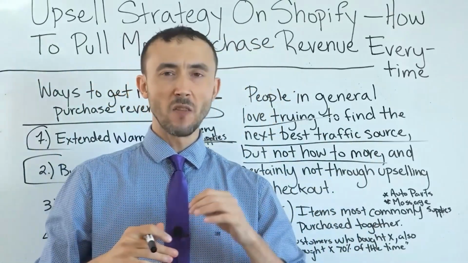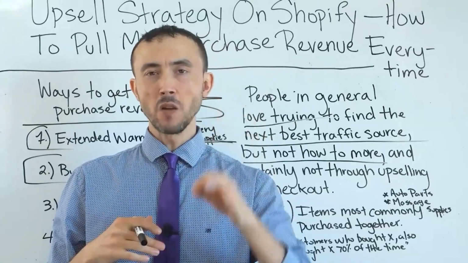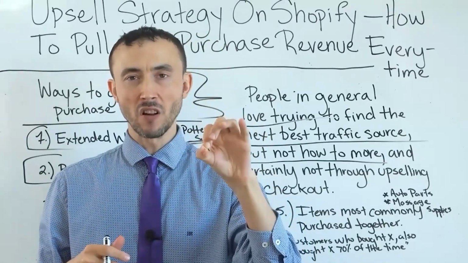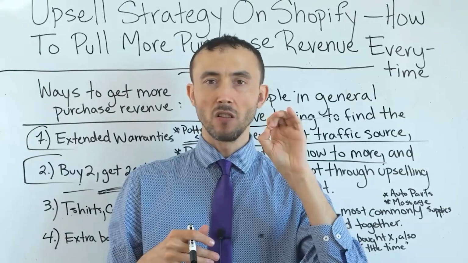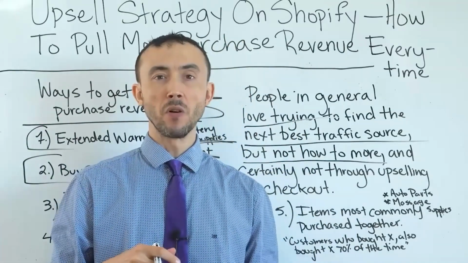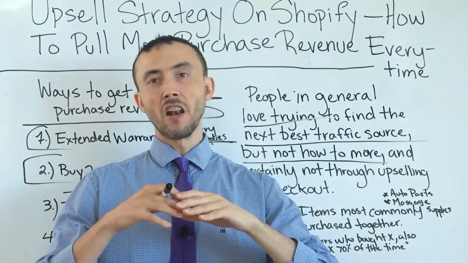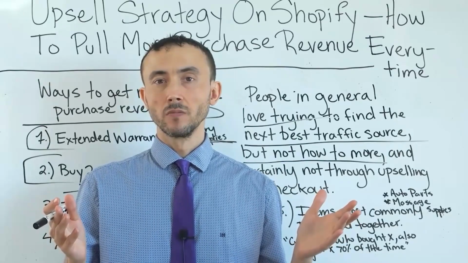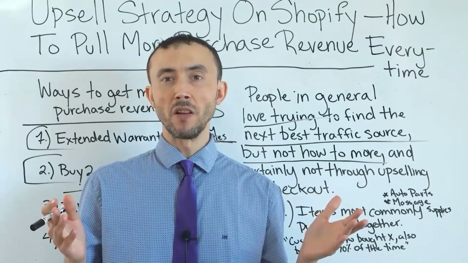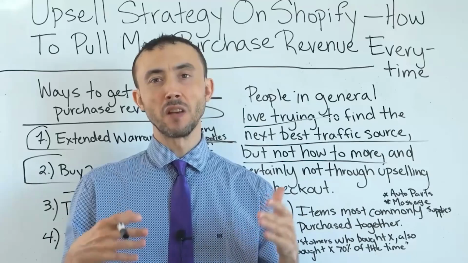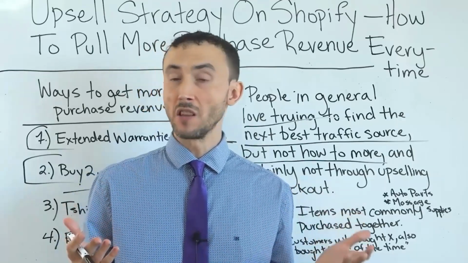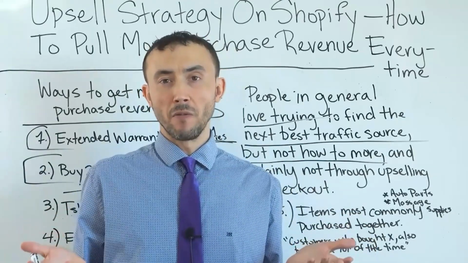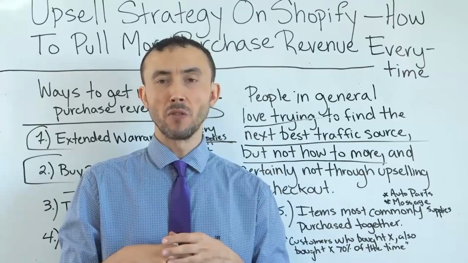But at the end of the day, if you can get an extra 15% of people to buy a second one at 20% off, you're getting an extra 8% more revenue on those sales. Of course, the 8% of revenue comes at half margin, but you're making 5% more profit from all the sales you have coming through.